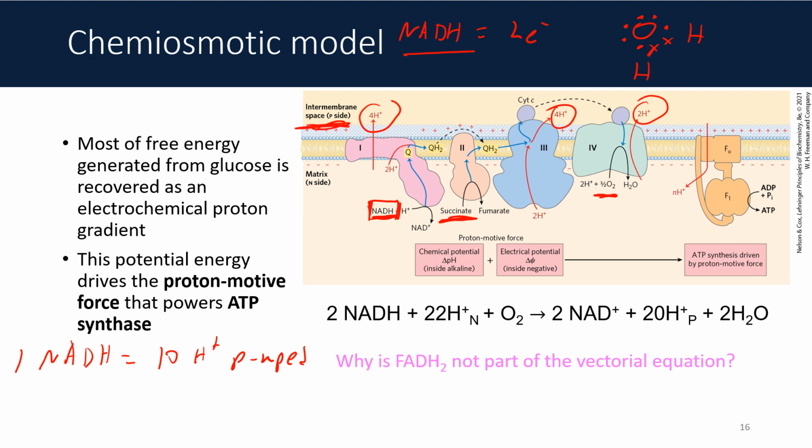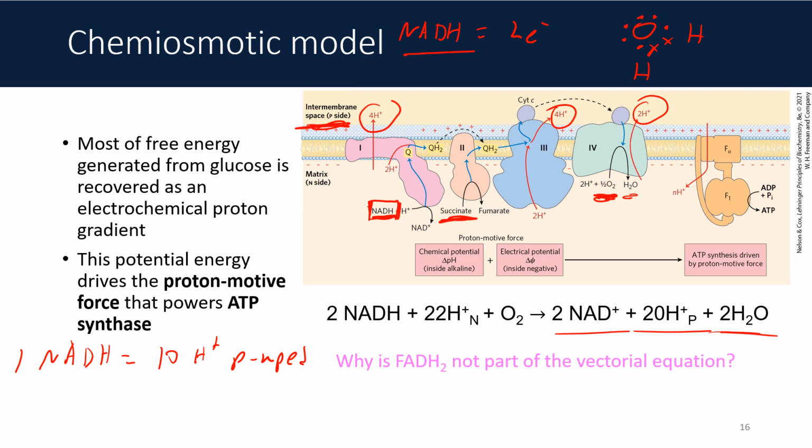If you don't enjoy working with this equation with 1/2 of an O2 molecule, you can just multiply everything by 2, so we're dealing with integer reaction coefficients, and then you get, in terms of products, 20 protons for every 2 NADHs oxidized to NAD+, and then that will, of course, net you 2 H2O molecules formed at the very end.